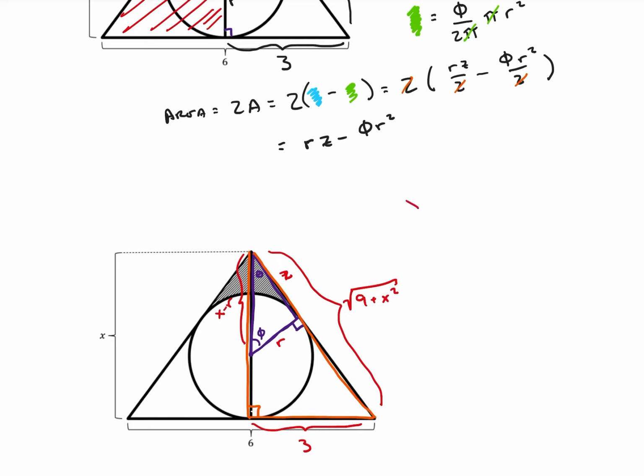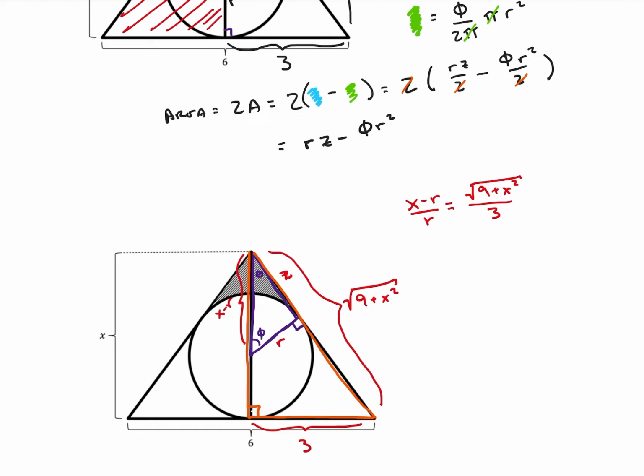expression. So if I look at x minus r over r, so the hypotenuse over the opposite side from theta, that's going to be equal to the hypotenuse of my bigger triangle, square root of 9 plus x squared, divided by the opposite side on that triangle, which is 3. So this is just making use of those two similar triangles.